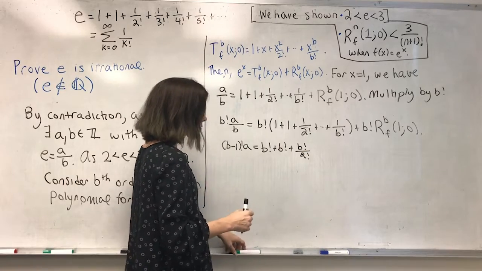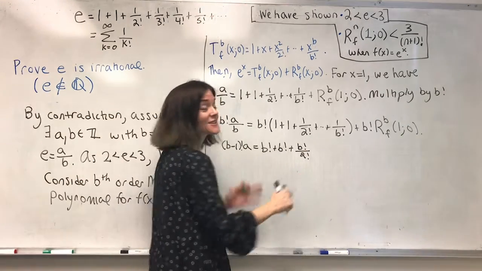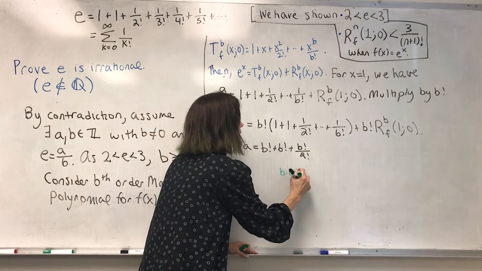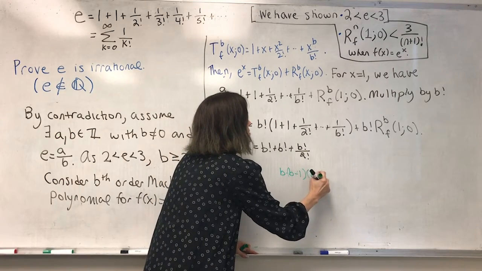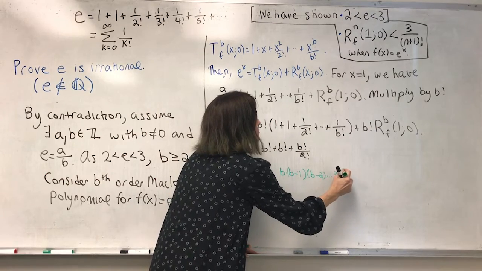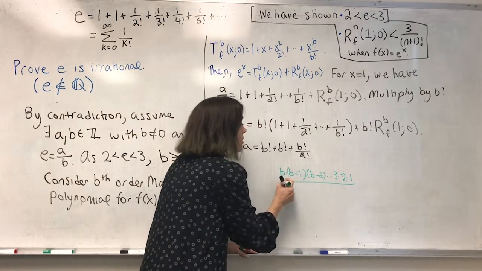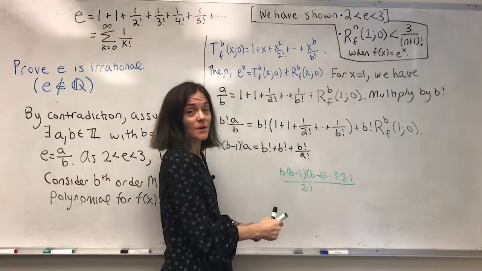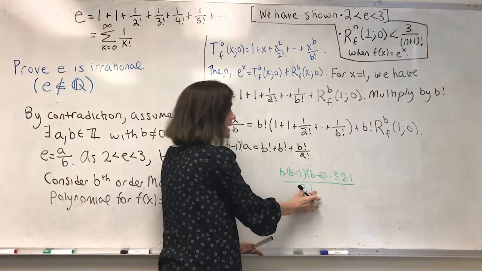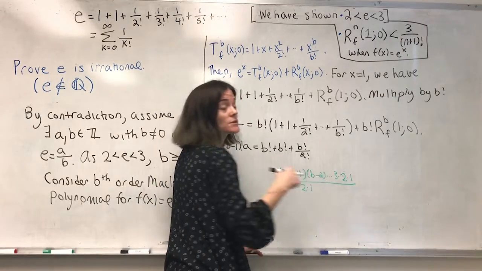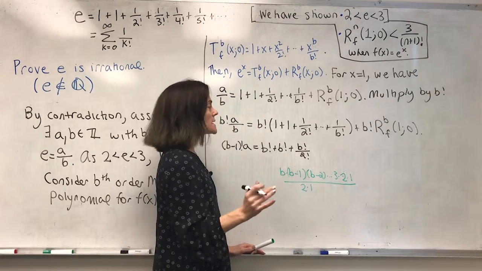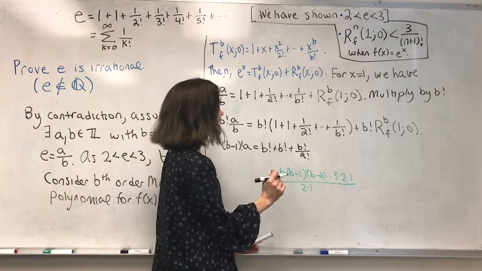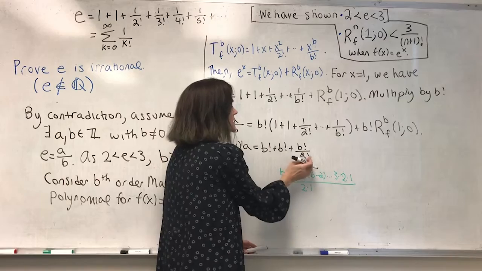If you think about, maybe I will write it underneath and then erase, b times b minus 1, b minus 2, out to 3 times 2 times 1, and then over 2 times 1. The 2 times 1s, you see, will cancel. So this and this cancels, and you just get this product down to 3. Of course, unless b is 2, in which case we have a 1 here, still an integer. Okay? So this is an integer.